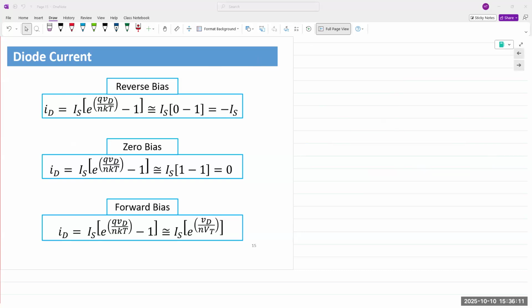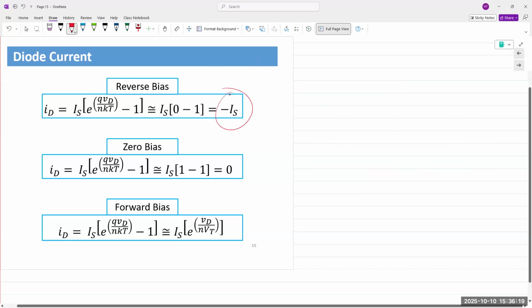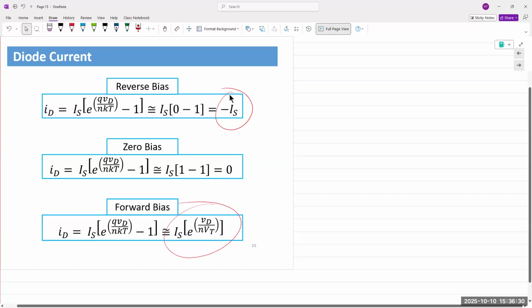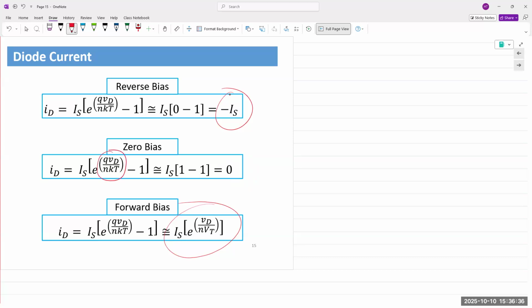What do we see? Mathematically, we can see it's IS times something, and of course IS has some value, right? Physically, we just spoke about what's happening at the junction. Let's look at zero bias first. With zero bias, what happens to this term?